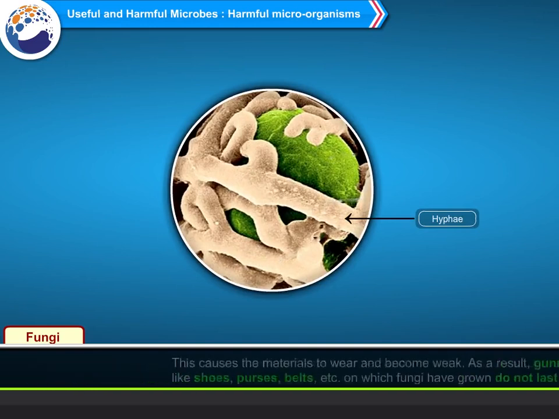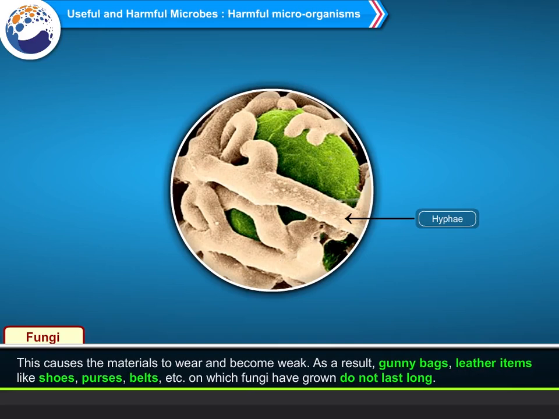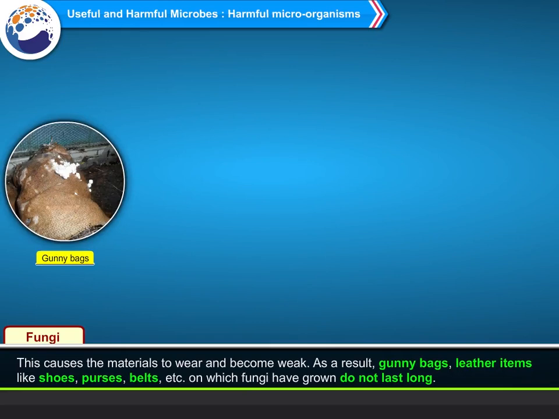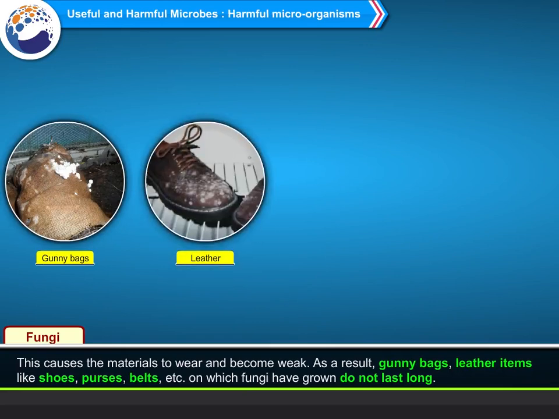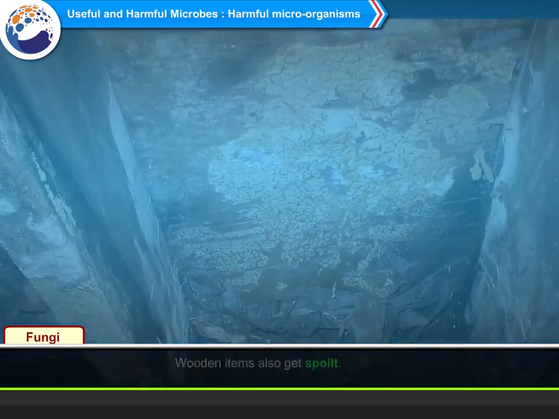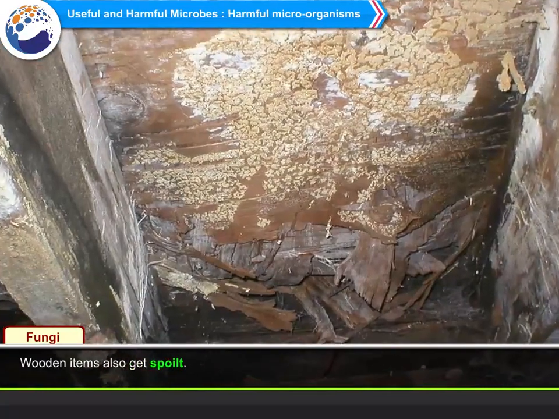This causes the materials to wear and become weak. As a result, gunny bags, leather items like shoes, purses, belts, etc., on which fungi have grown, do not last long. Wooden items also get spoiled.